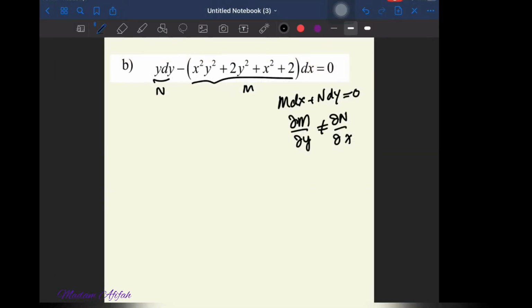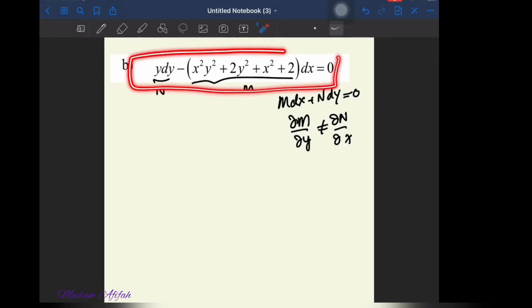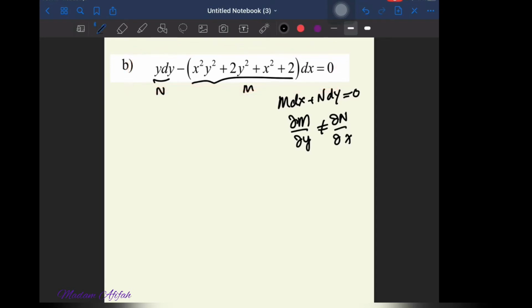Okay, some of you might be thinking maybe this is a linear equation. So how to test whether this is a linear equation or not? You have to try to rearrange the given differential equation into the general form of linear equation, which is dy/dx plus p(x)y equals q(x).